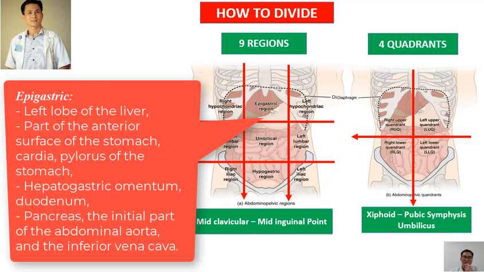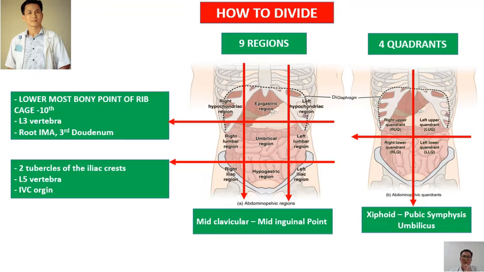The epigastric region includes the left lobe of the liver, part of the anterior surface of the stomach, the cardia, the pylorus of the stomach, the hepatogastric omentum, the duodenum, the pancreas, the initial part of the abdominal aorta, and the inferior vena cava.